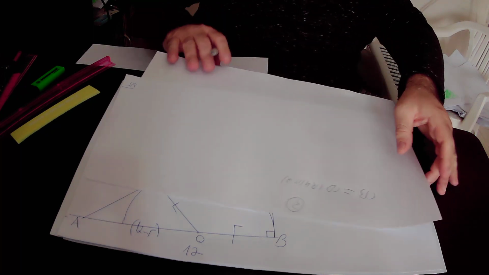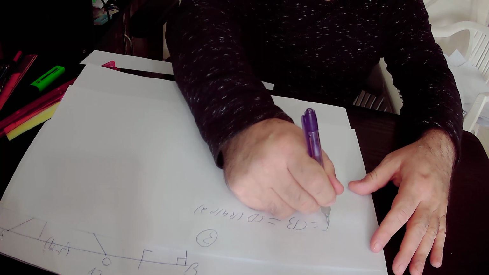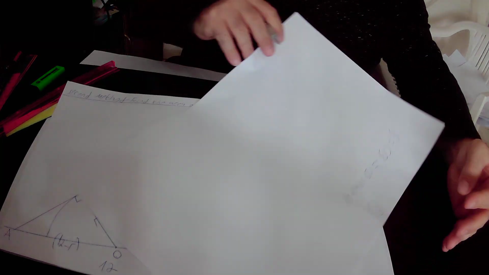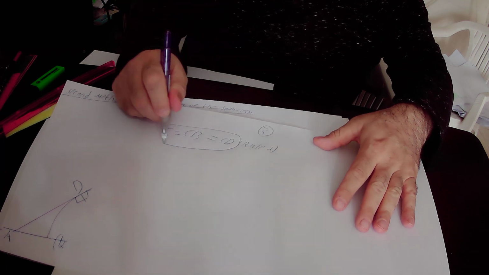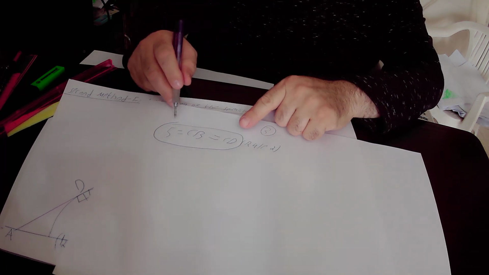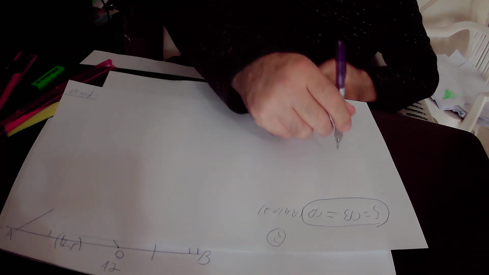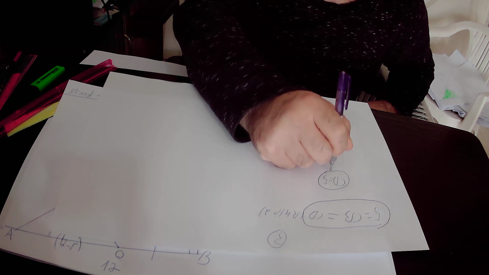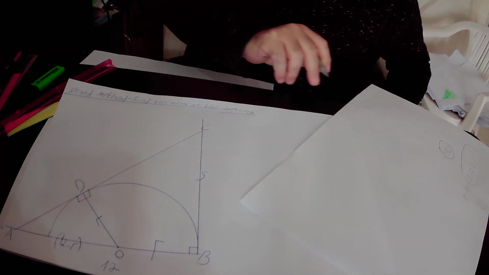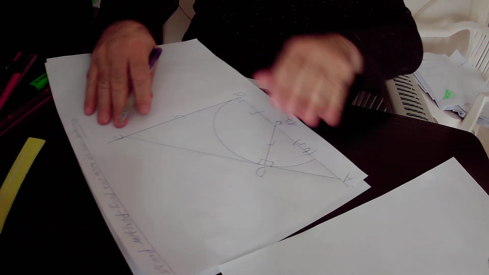So we can write here that CB equals 5 units, and from this equation we will derive that CD also equals 5 units. So we can write here that CD equals 5 units.